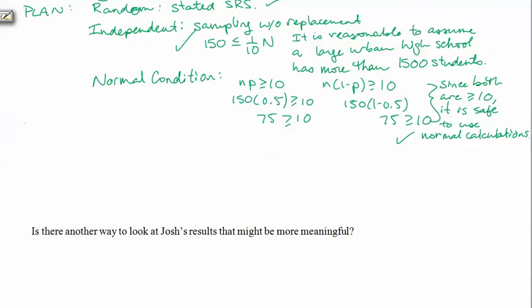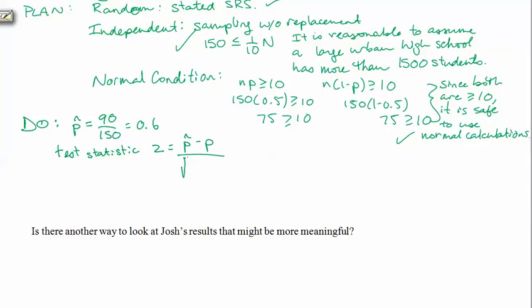All right, next step, D. First we need to calculate our sample proportion. So 90 over 150 equals 0.6. Then we need to find our test statistic, z, which equals p-hat minus p over the square root of p times 1 minus p over n.